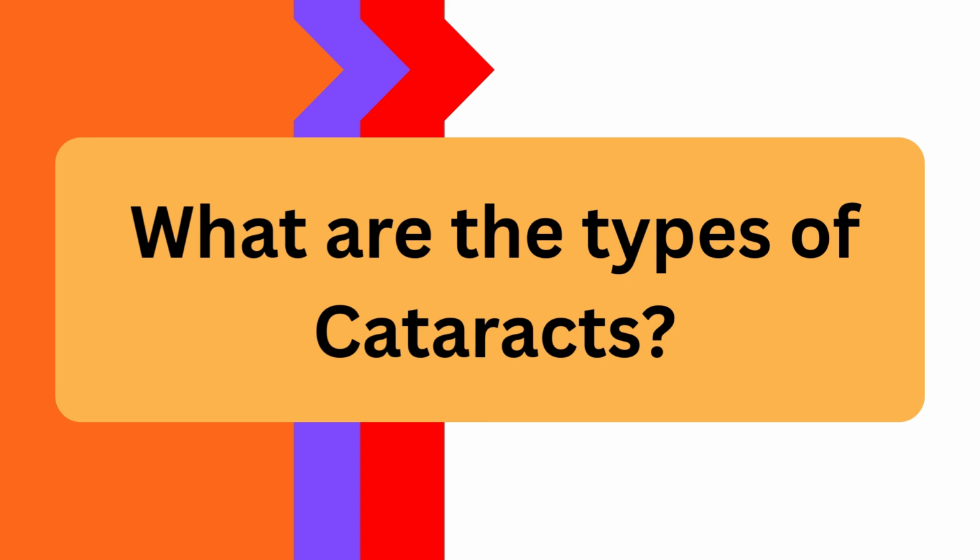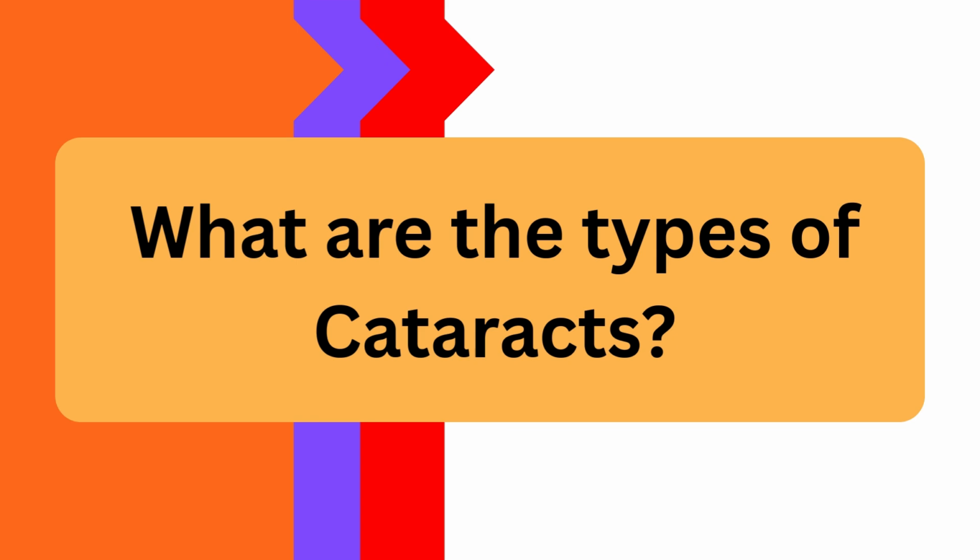They can be classified as anterior cortical, posterior cortical cataracts if they are in front part of the lens or posterior part of the lens. Same way, anterior polar cataract, posterior polar cataract if they are on the poles of the lens, or anterior subcapsular cataract, posterior subcapsular cataract, that is just beneath the capsule, either anteriorly or posteriorly.